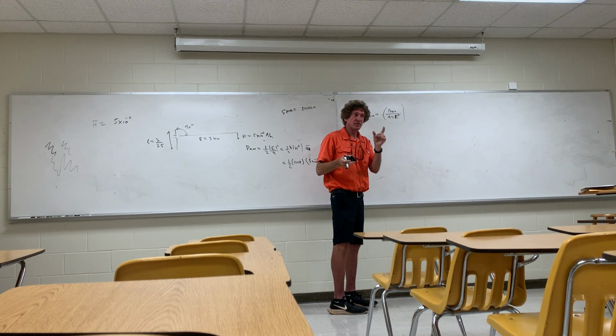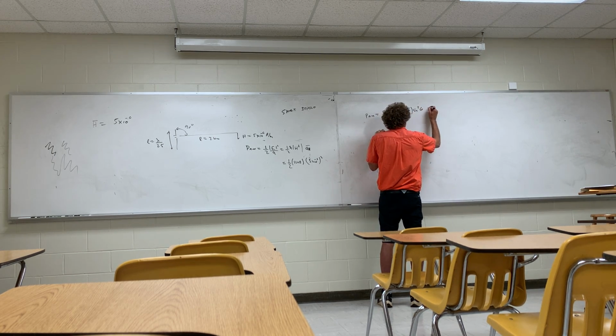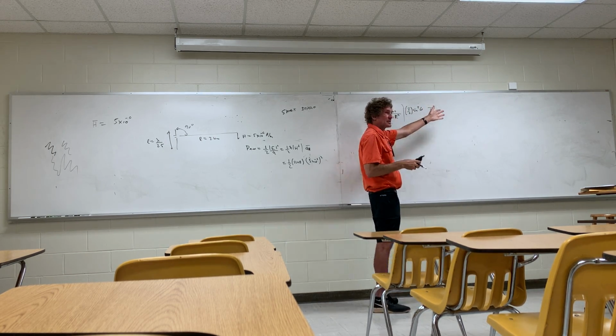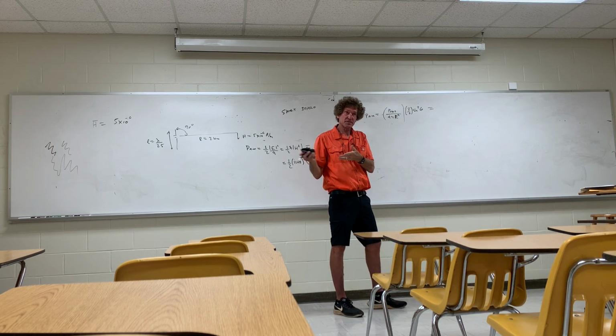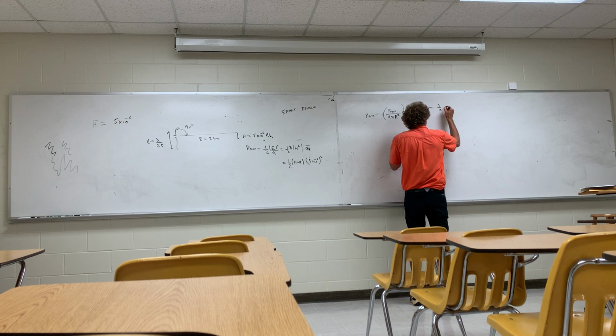Short dipoles or small loops have the exact same gain, 1.5 times sine squared, so this is going to be times 3/2 sine squared theta. And we know the average power density in terms of the H field is 1/2 the magnitude of the H field squared times eta.